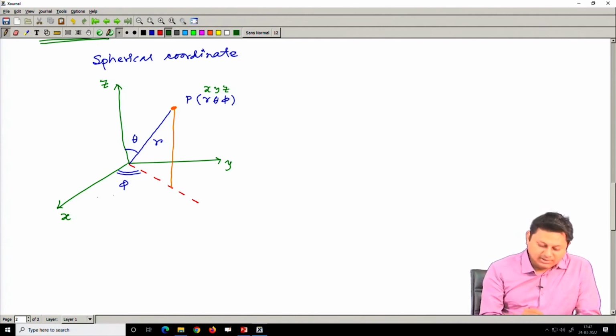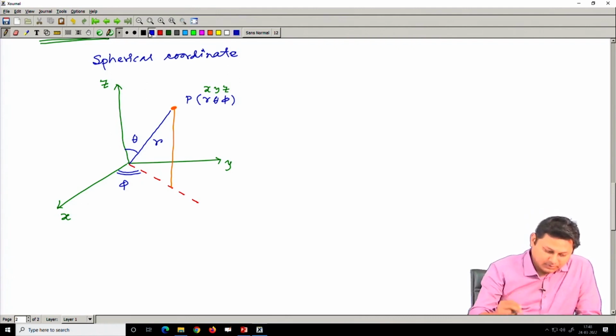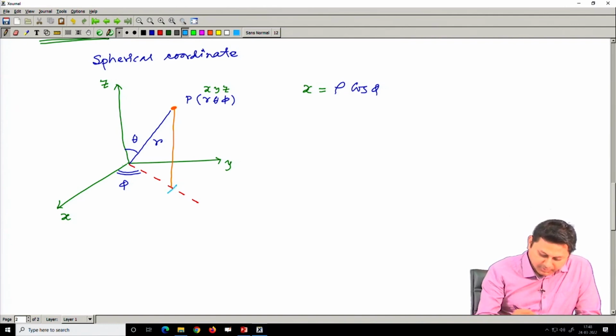If I now try to understand the relationship between x, y, z and r, theta, phi, then I can write it here. So, x is simply equal to rho cos phi, because this is the projection that r makes; from here to here this is rho, suppose, and then we convert this rho to r.